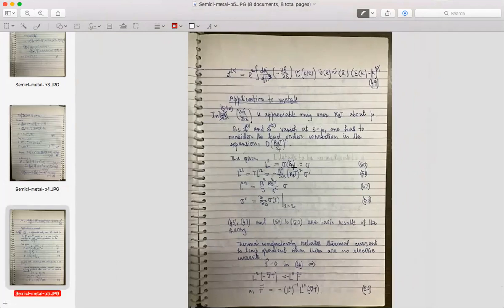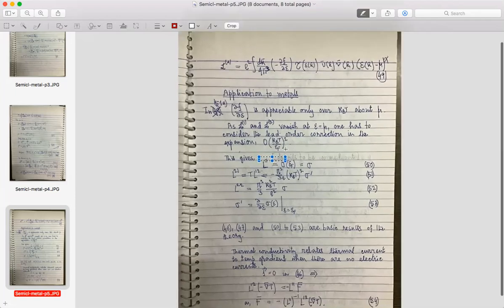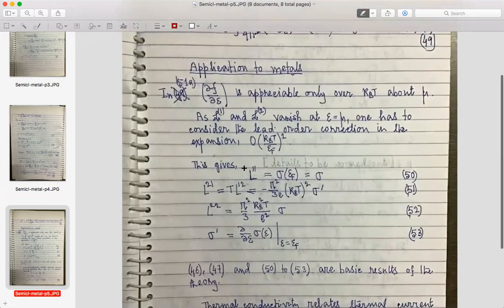So it will simply turn out to be, remembering that this derivative of the Fermi function is significant only near the Fermi energy, you'll get L11 simply to be equal to the DC conductivity at the Fermi energy.